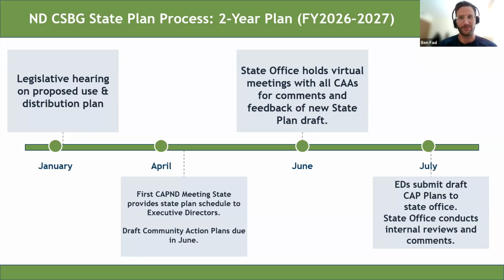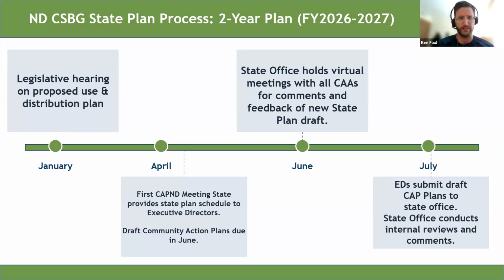For North Dakota's process, we do a 2-year plan. I submitted last year, so in 2025, for fiscal years 26 and 27. I just want to run through what the year looks like for me.